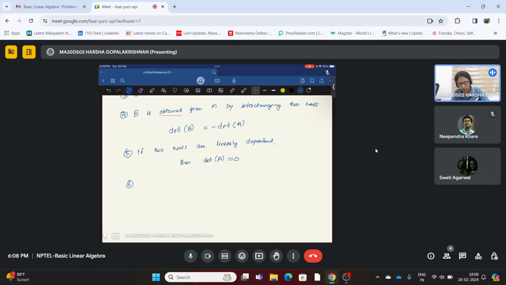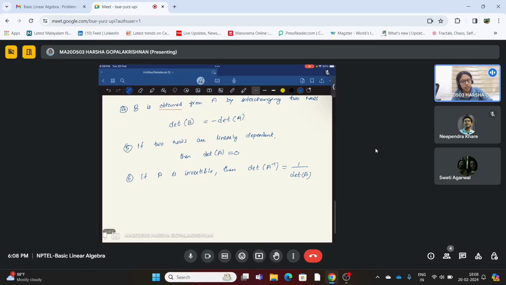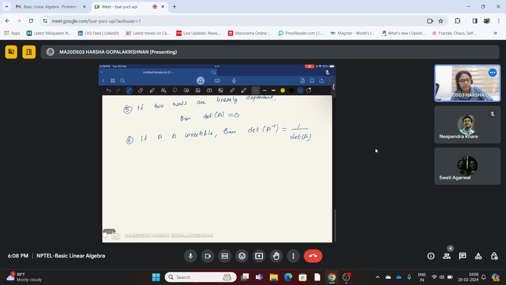Okay, if A is invertible, then what is determinant of A inverse? 1 upon determinant of A. Yeah, 1 upon determinant of A. In case A is not invertible, what is the determinant? 0.